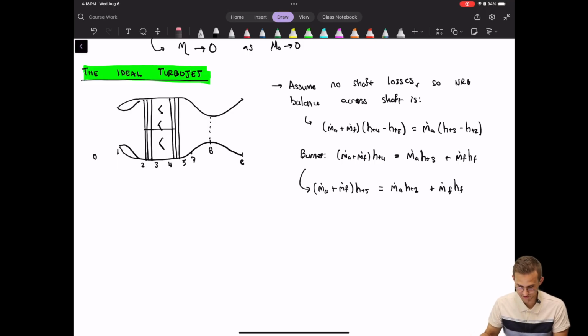Now we're talking about the ideal turbojet here, so there are no shocks between station 5 and the exit, and no shocks between station 2 and the free stream. So HT5 is actually equal to HTE, and HT2 is equal to HT naught. That is our overall energy balance.